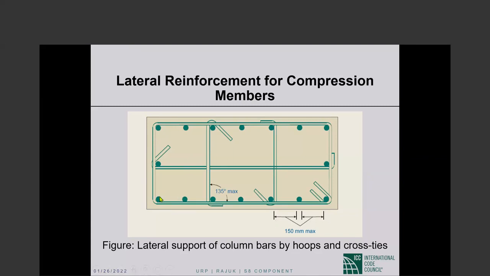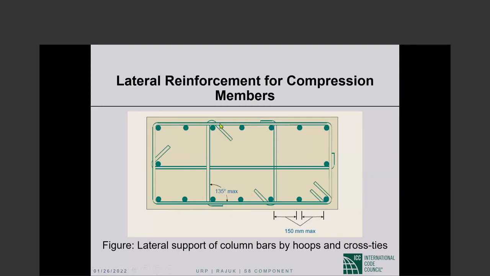Then the requirements are every other longitudinal bar shall be enclosed by the corner of a tie or a cross tie. So this bar, that bar, that bar, that bar, every other bar shall be supported by the corner of a tie or a cross tie.